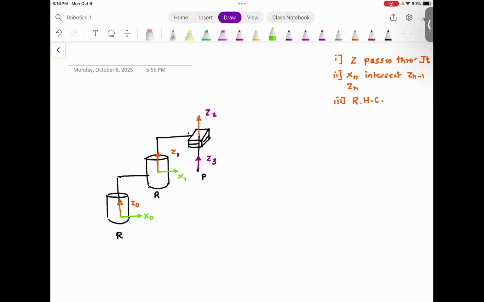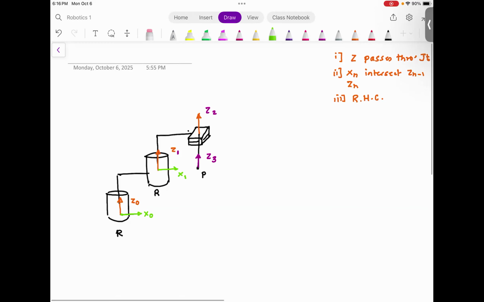Because this satisfies the rule. X1 is perpendicular to Z1, X1 intersects Z0, and X1 is perpendicular to Z0. You guys agree? Next, I'm going to assume this as X2. Do you agree the rules are satisfied? And last but not least, I'm going to assume X3, something like this.